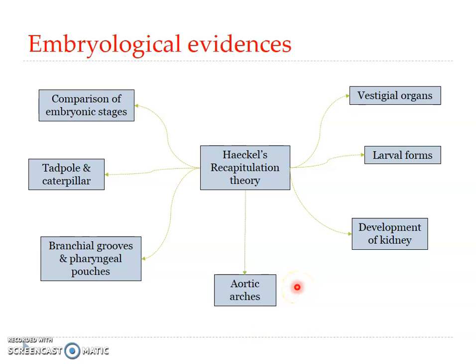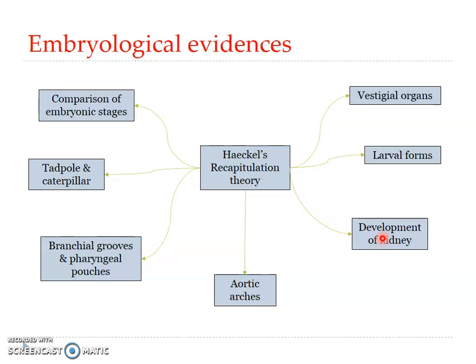Okay. Now coming to the development of kidney. 3 types of kidneys occur among vertebrates, and they are referred to as pronephros, mesonephros, and metanephros. The pronephric kidney is the most primitive. It is found in the most primitive vertebrates. In mammalian embryos, we can see that it is a higher type, that is metanephric, while mesonephric is found in the adult fishes and amphibians, and also in the embryos of reptiles, birds, and mammals.